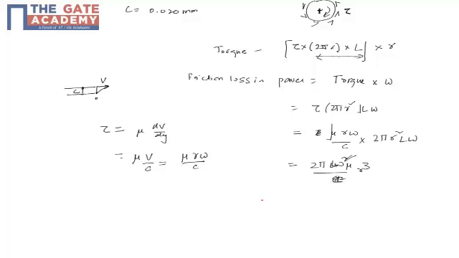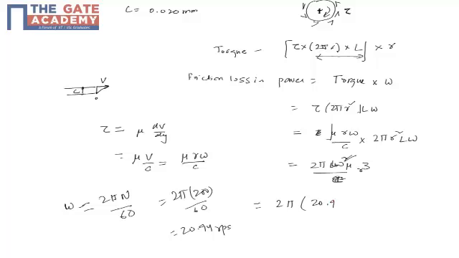Now let's substitute. The speed is 200 rpm, so omega will be 2 pi N by 60, which is 2 pi into 200 by 60, that is 20.94 radians per second.